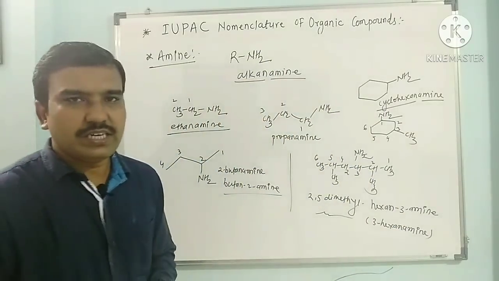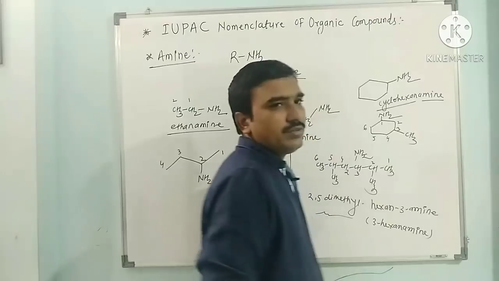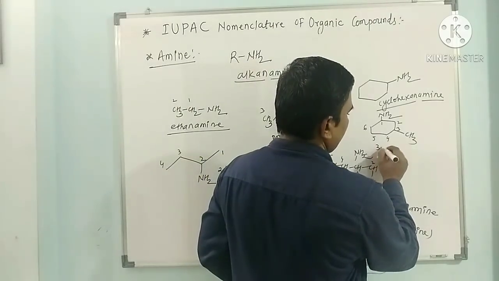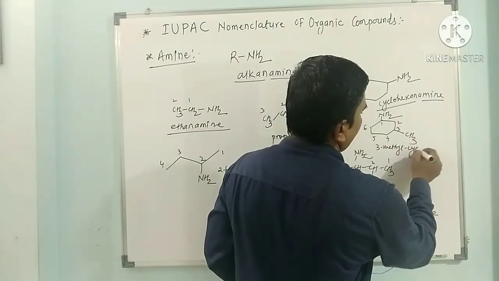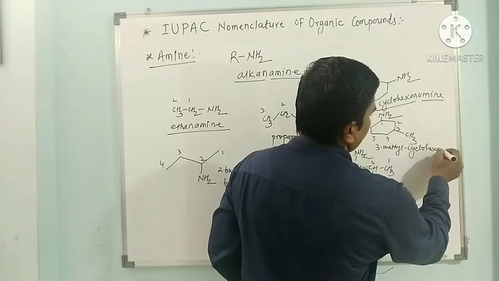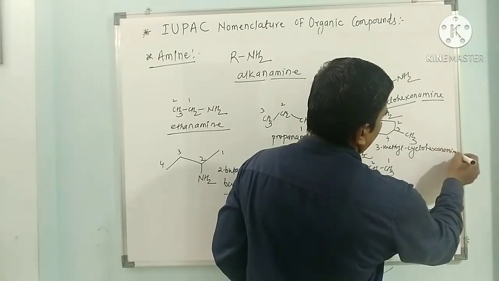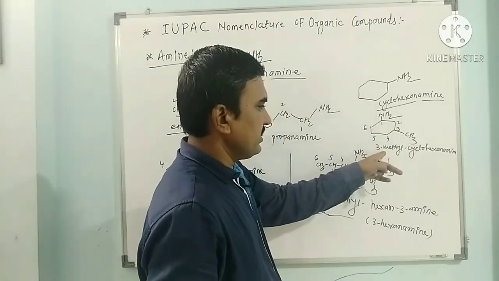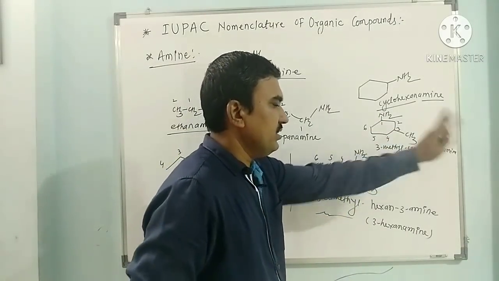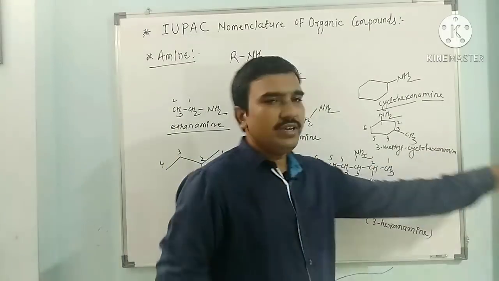So in this cyclohexanamine, the methyl group is attached to the third position. So this is 3-methylcyclohexanamine, or 3-methylcyclohexane-1-amine.